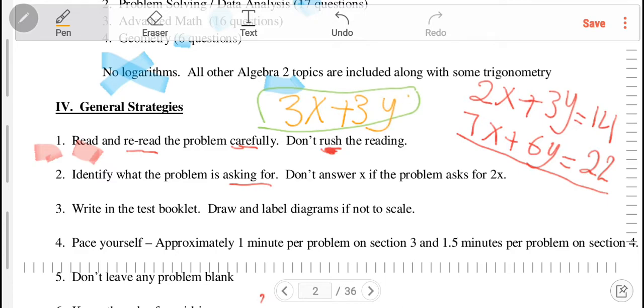Again, he doesn't want to determine x individually or y individually. He asked to determine the package 3x plus 3y.